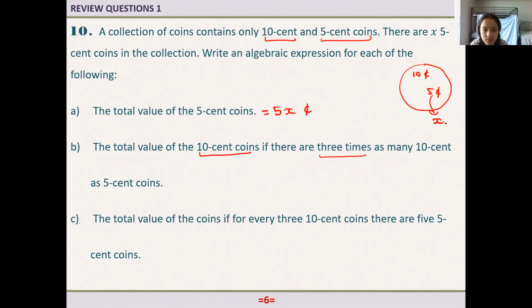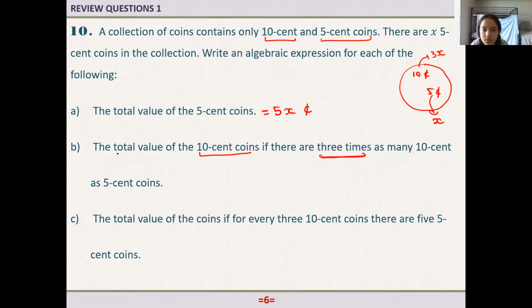By how much? 3 times. How many 5-cent coins do we have here? X. Then how many 10-cent coins do we have here? 3X, because it says here 3 times as many. So here we have X 5-cent coins. We have 3X 10-cent coins.